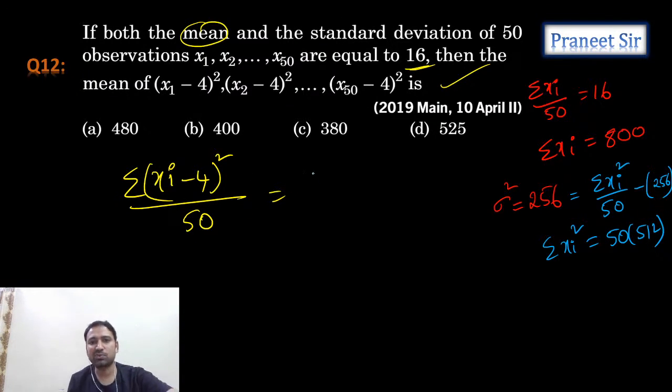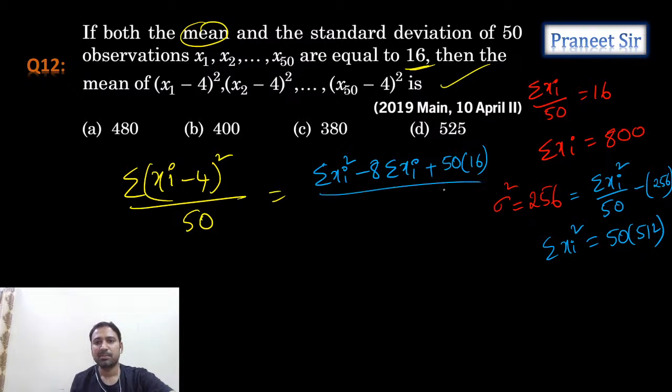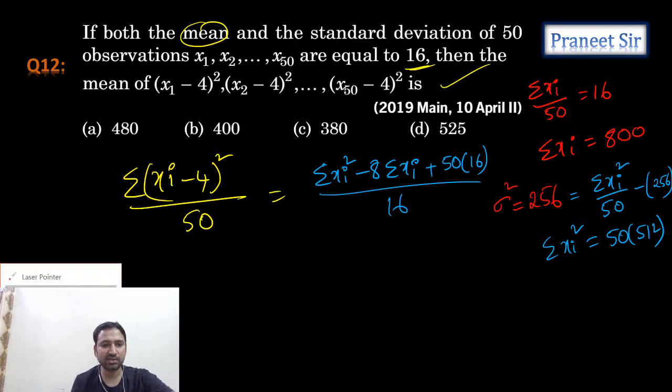So now let's calculate this. If you expand it, what do we get, guys? Sigma xi square minus 8 times sigma xi plus 16 added 50 times, that is 50 times 16, all divided by 50. Here we already calculated all these values.